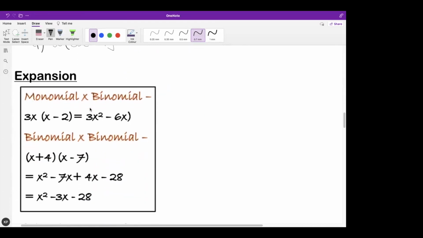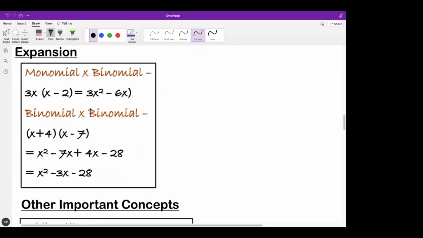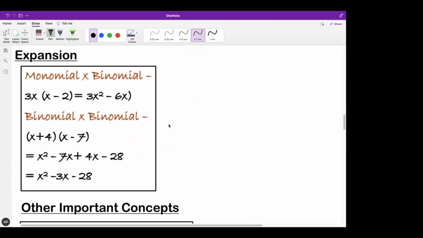Cool. So, the opposite of factorizing is expanding. The opposite of factorization is expansion. That means if you look here, we have an expression that has been put into two factors. Now, if I'm going to expand it, then I'm going to take this factor and multiply it in. That's what expansion means, right?